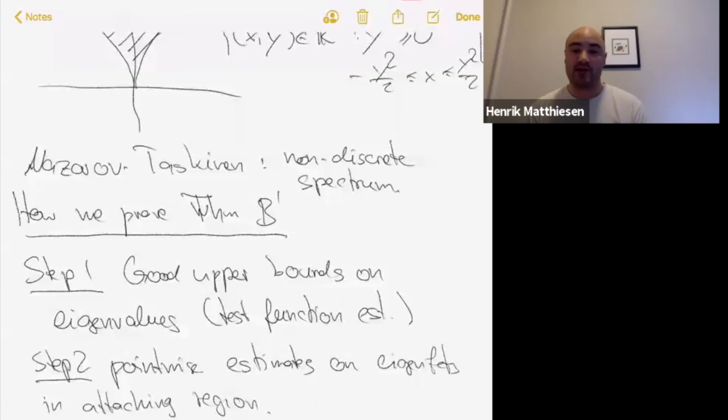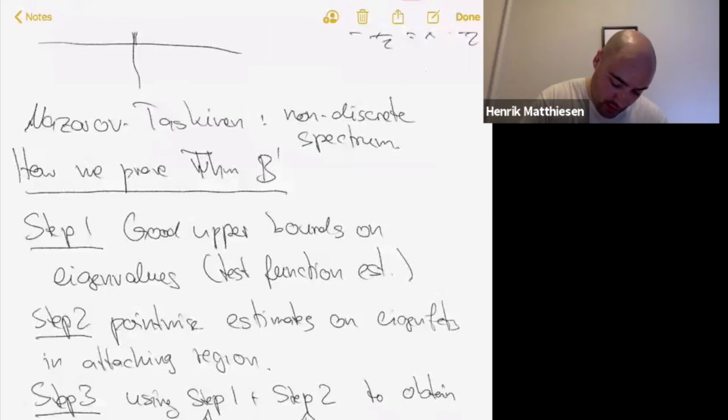And step 2 is some type of control on the boundary values, to obtain an asymptotic expansion of eigenvalue and eigenfunction in the cuspal domain.